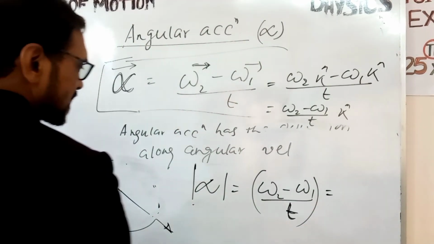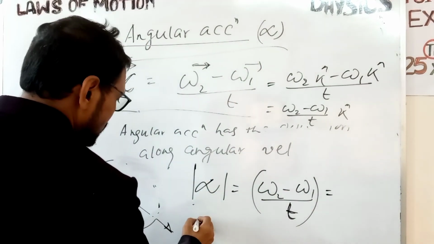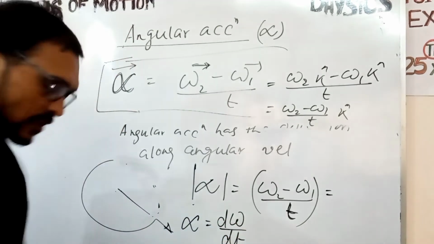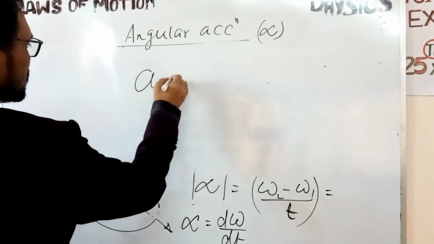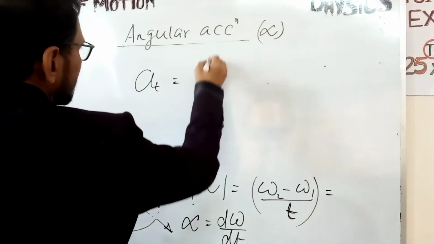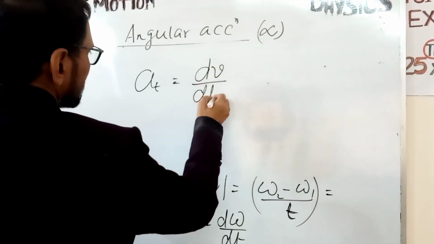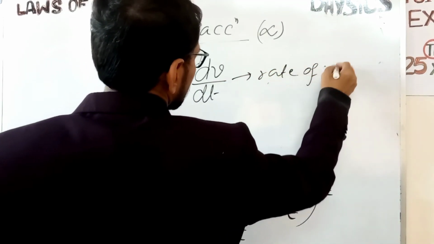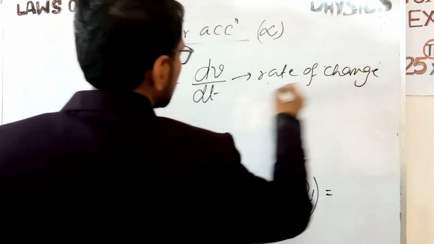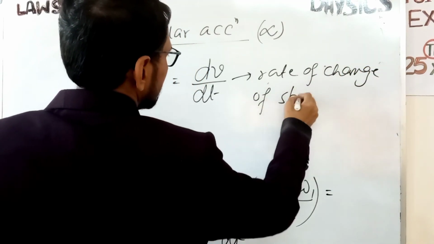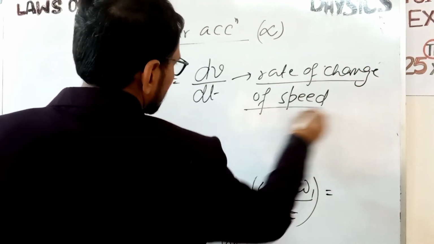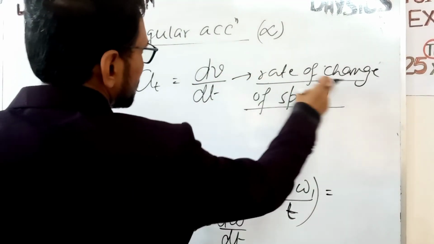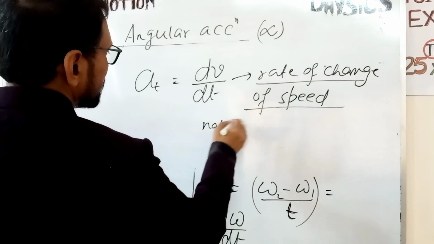For instantaneous angular acceleration at a particular moment, it is d omega by dt. Now at is always dv by dt, the rate of change of speed. So a point to remember: this dv by dt is the rate of change of speed, not the rate of change of velocity.